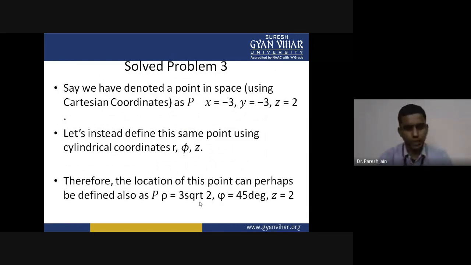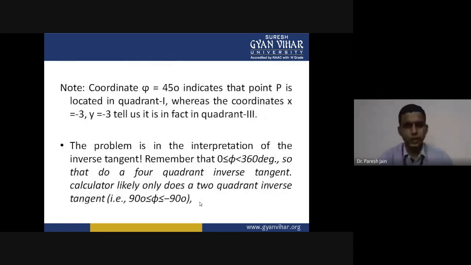So we have defined it. Therefore, the location of this point can also be defined as P, that is rho is equal to 3 root 2, phi is equal to 45 degrees, and z is equal to 2. These are the values after calculations, or the conversion from the previous transformation formulas.